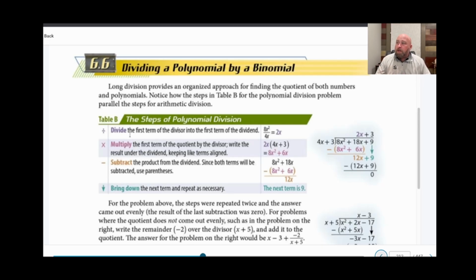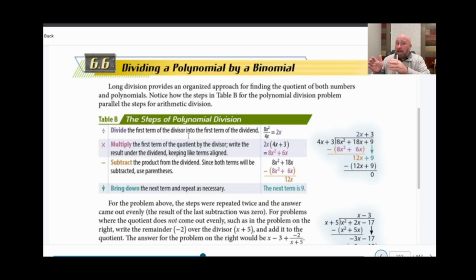Here's what we want to do. Table B. Make sure you look at this. This is very important to what we're going to be doing. First of all, we want to divide. What does that mean? Not like dividing it out like you would if they were regular numbers. It says divide the first term of the divisor into the first term of the dividend. So you're just taking the first piece into the first piece. That's it.